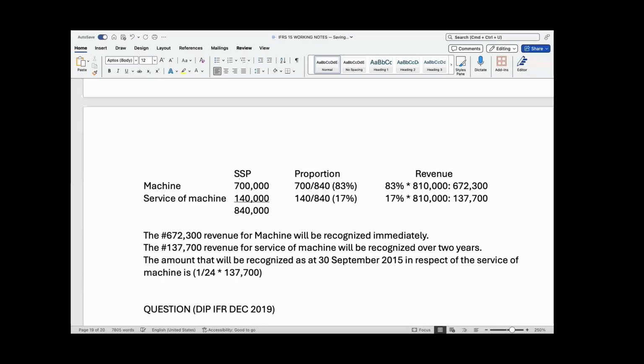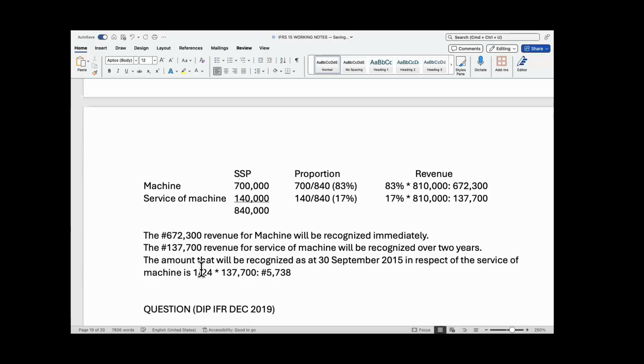Who can tell me the answer? How much is that? 5,738 approximately.